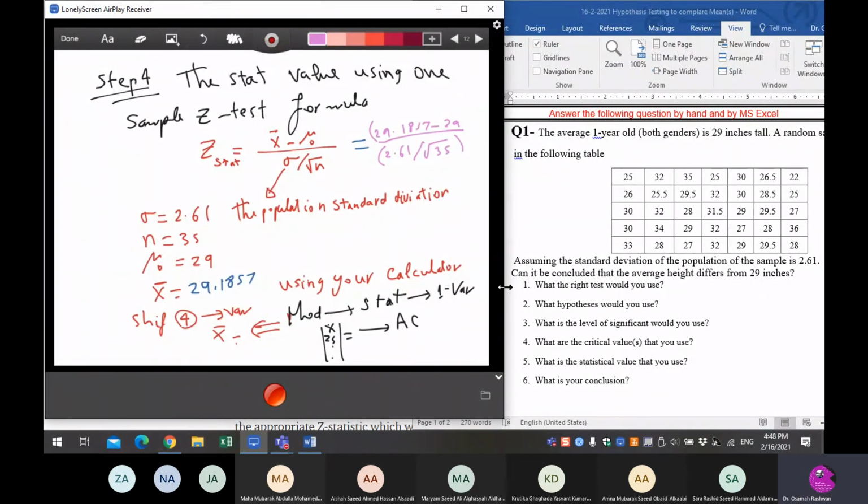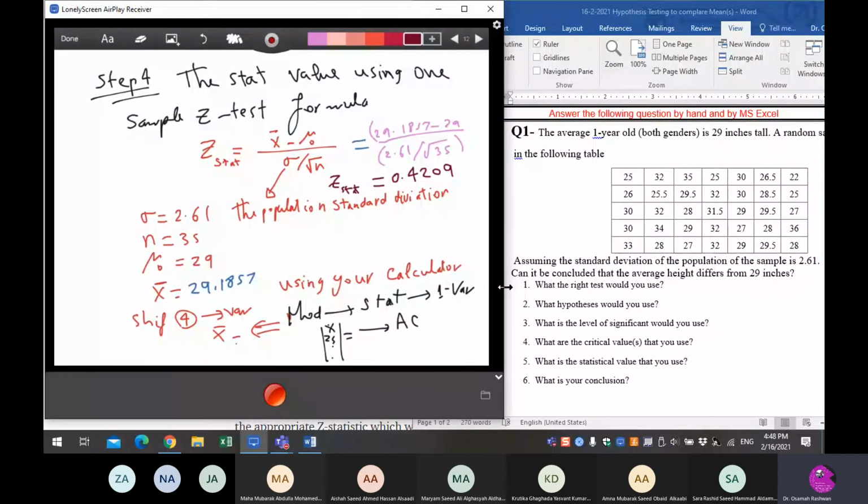Catch it? Please try to practice during the lecture, just to let the information stick. What's the value? 0.4209. Thank you so much. This is the Z stat.